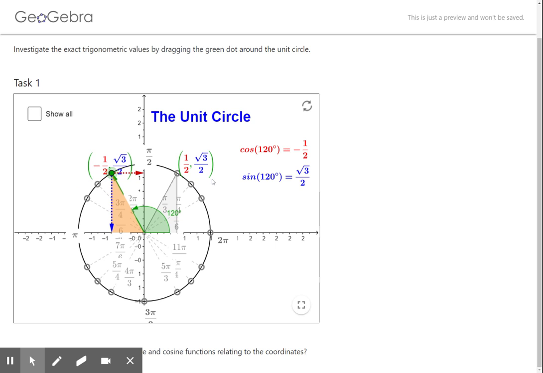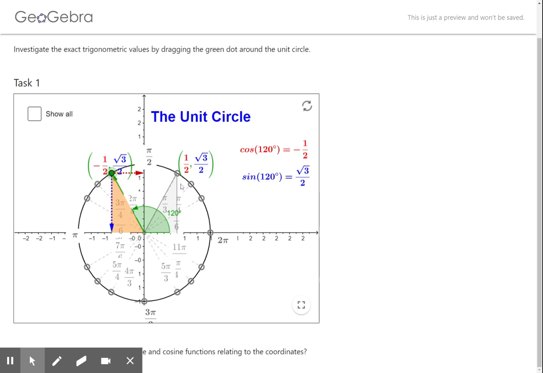I hope you can see it, that because these points are symmetrical, the y coordinate is the same. That means the sine value for 120 degrees is the same as the sine of 60 degrees, which is √3/2.